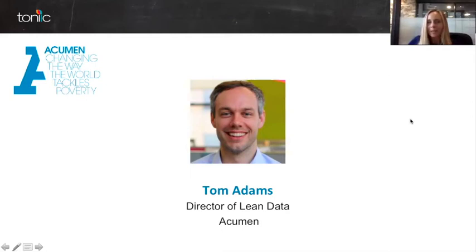Prior to Acumen, Tom worked for the UK Department for International Development, DFID, first as a country economist in Nigeria, and subsequently leading its wealth creation and climate change team in Ethiopia. And from the little I have heard of Acumen's lean data, I think they're really doing some fascinating things. So Tom, we're excited to hear from you, and I'll turn it over.